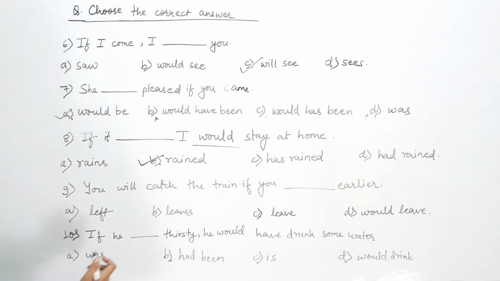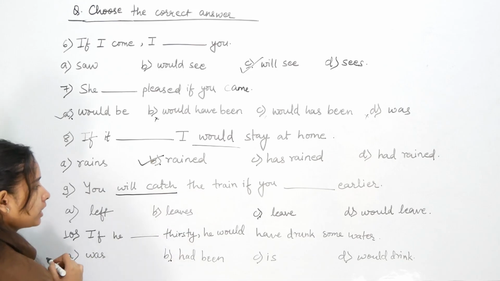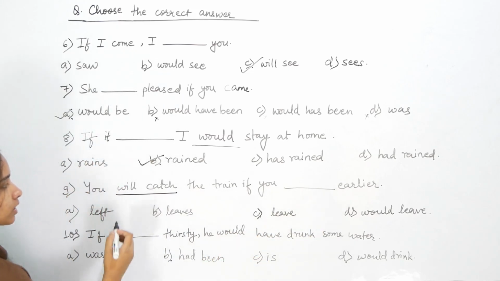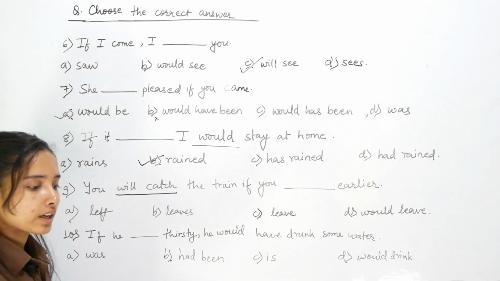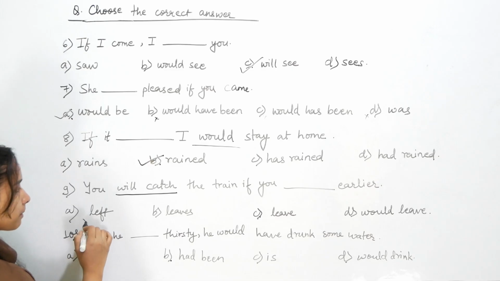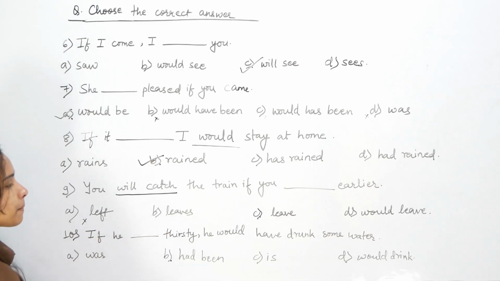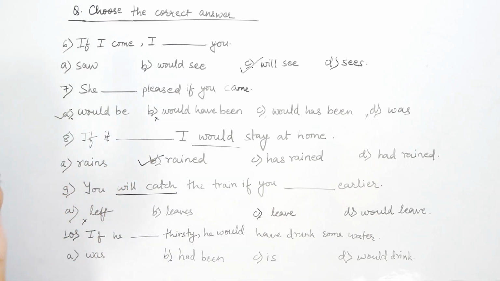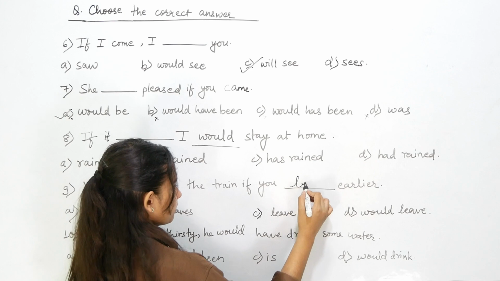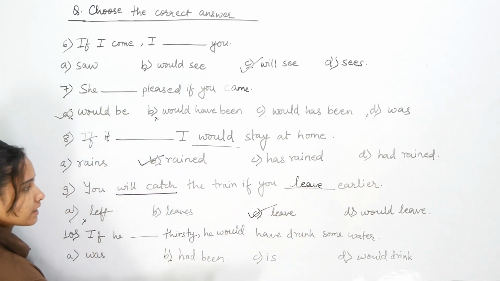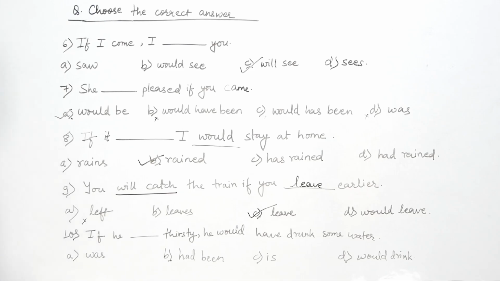You will catch the train if you dash earlier, which means यो फ्युचरमा हुनवाला छ. अहिले हामी प्रेजेन्टमा छौँ, सो प्रेजेन्टको कुरा गरौँ. सो left पास्टमा भयो, leaves would be V5 अनि would leave would be also like would leave. So the correct answer here is leave. You will catch the train if you leave earlier.